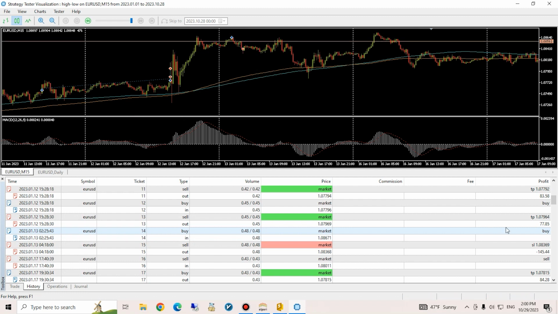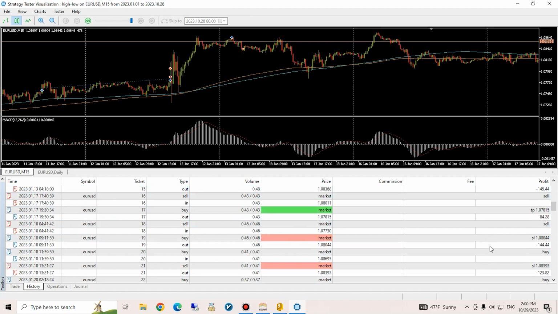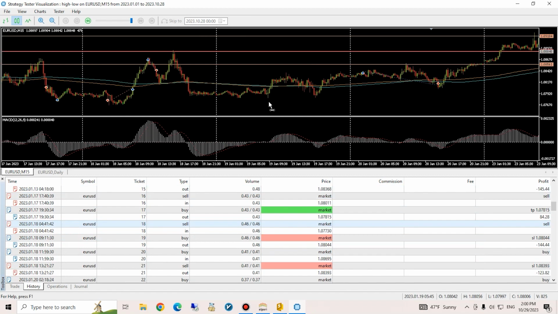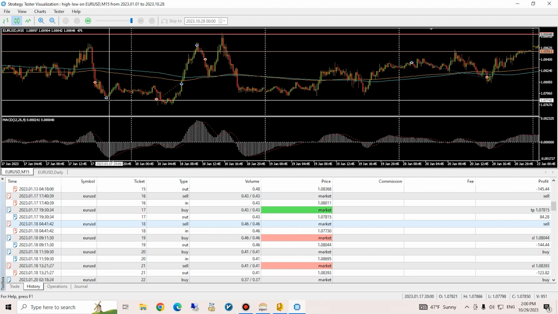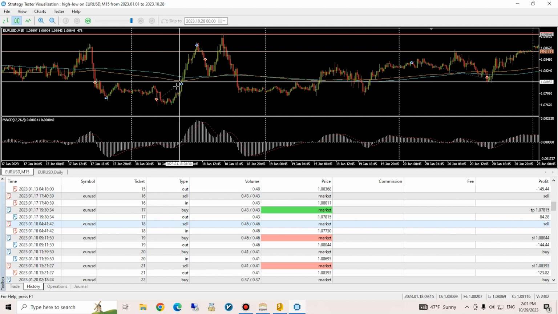So we had a loss here. Here again, below the previous day's lowest, it opened a sell position and the price goes back.